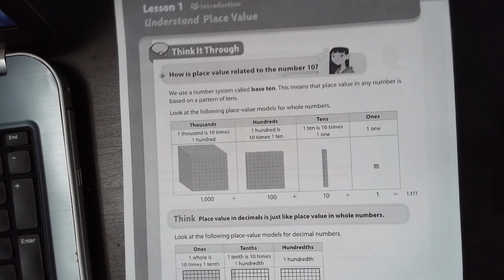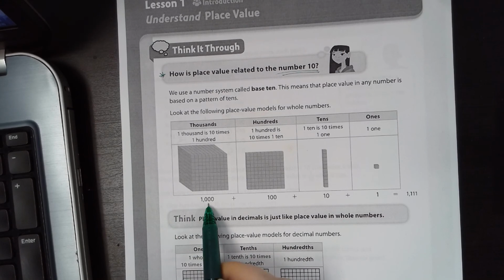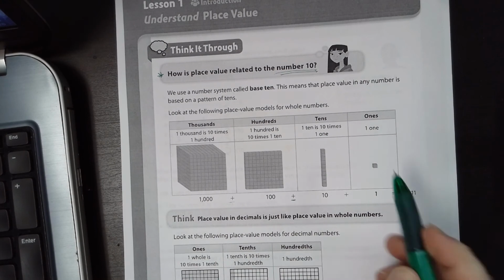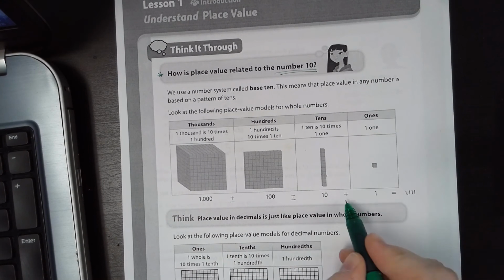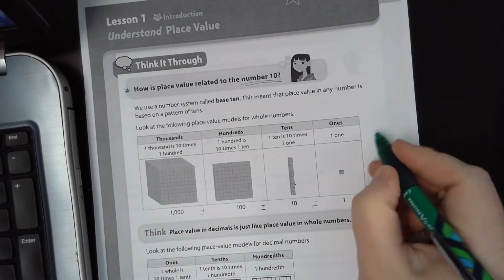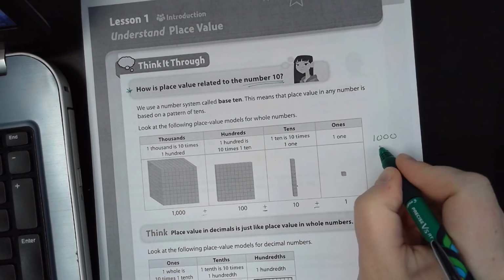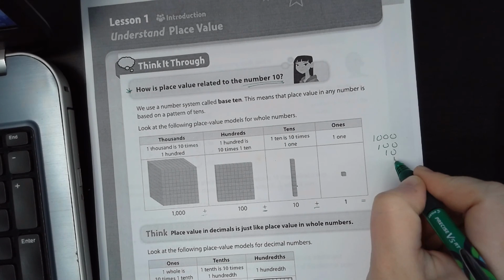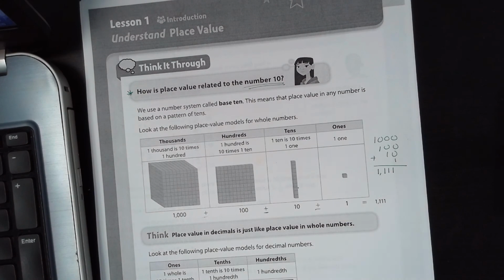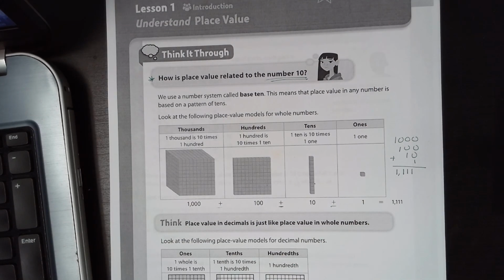So if we were to have to do this in expanded form, you would have 1,000 plus 100 plus 10 plus 1. And if you were to add these together, some people still need to do this. So 1,000 plus 100 plus 10 plus 1. And you get 1,111. Now that is an introduction to a base 10 system.